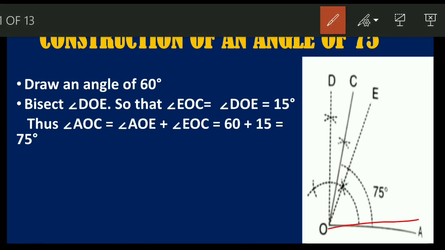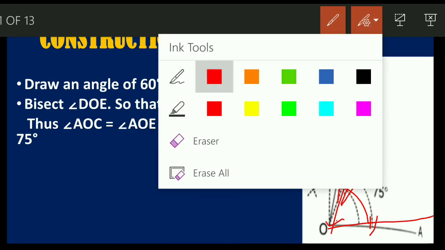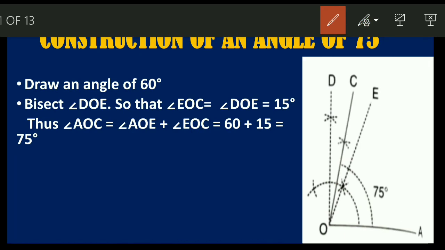So first draw this line and then draw an arc from the center O, then keep your compass here and cut this, then you will get 60 degree. Now after you get 60 degree, from here you put your compass and cut here, and from here you put your compass and cut here.